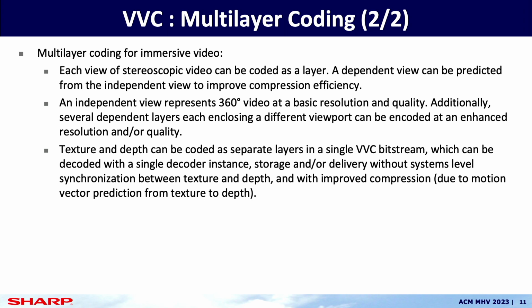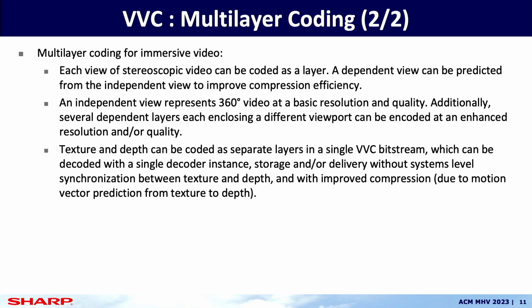There are a few use cases for using multi-layer coding for immersive video, and one of that is again stereoscopic video, where each of the views of stereo could be coded as layers, and then you can have the dependent view coded from the independent view to get compression efficiency.